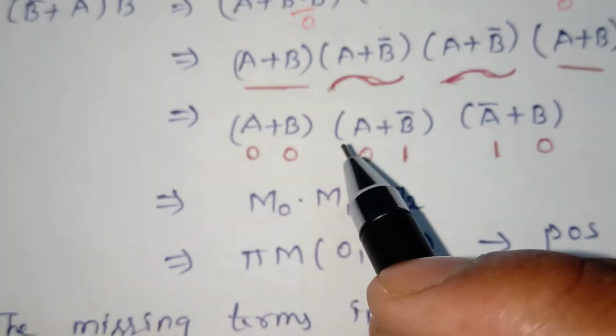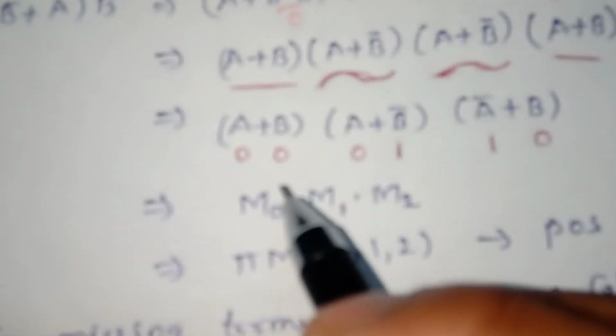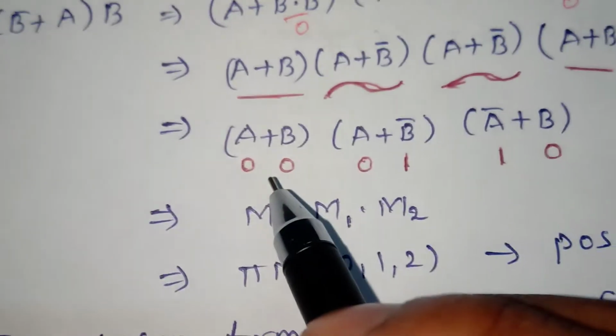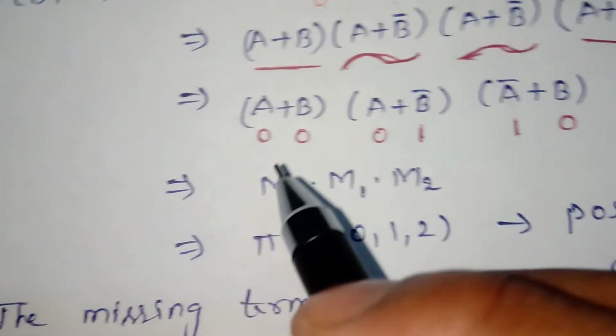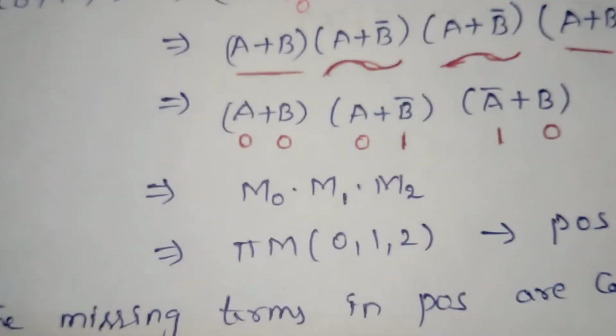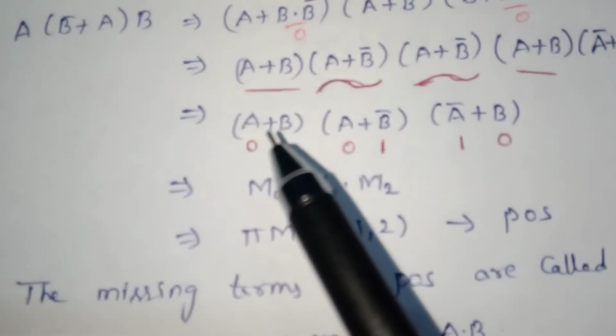Since so many members are going to make mistakes in this, observe very carefully. Since it is a product of sums, product of maxterms, the normal variable can be written as 0 in binary.